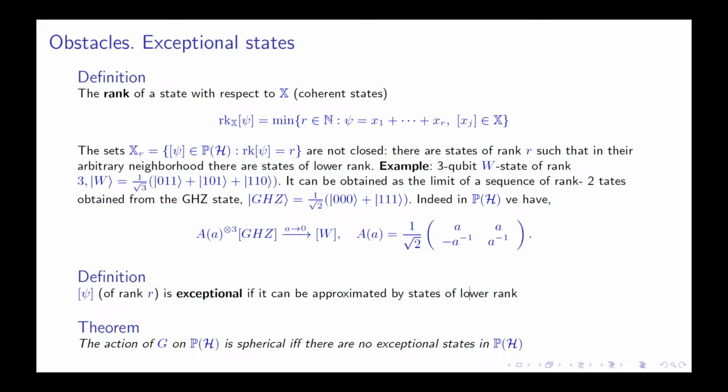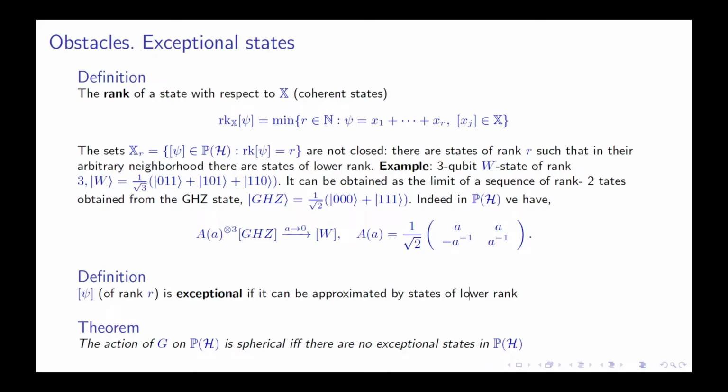Okay, so we know that for separable states everything is okay, but how does it come that this is not okay? So there are some obstacles to this, to the spherical action. And the obstacle is the existence of so-called exceptional states.